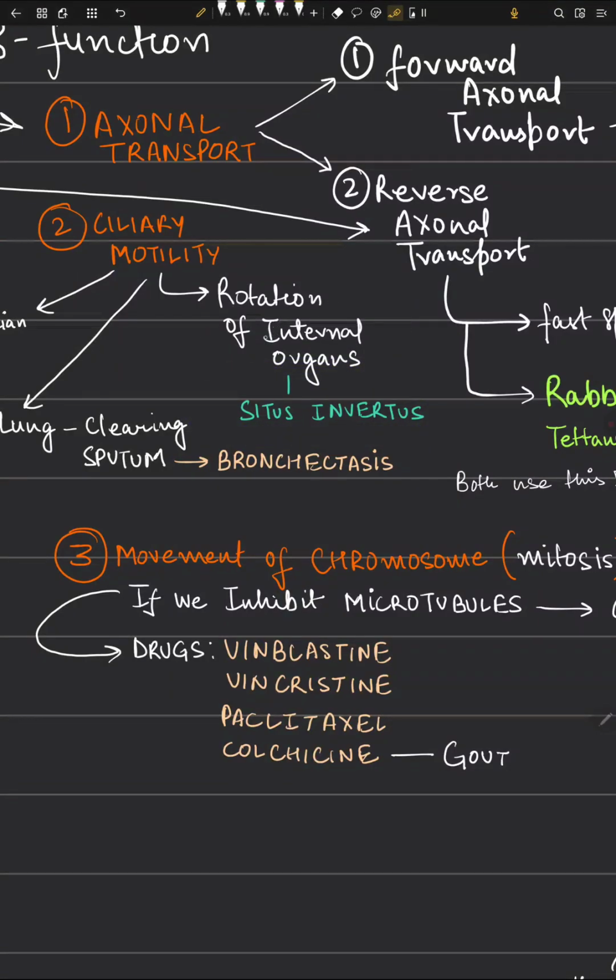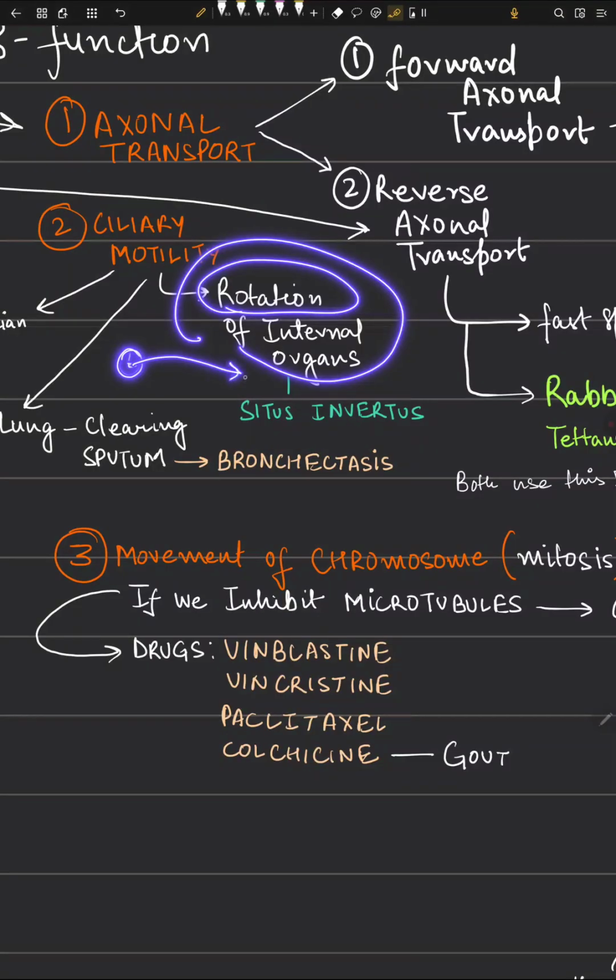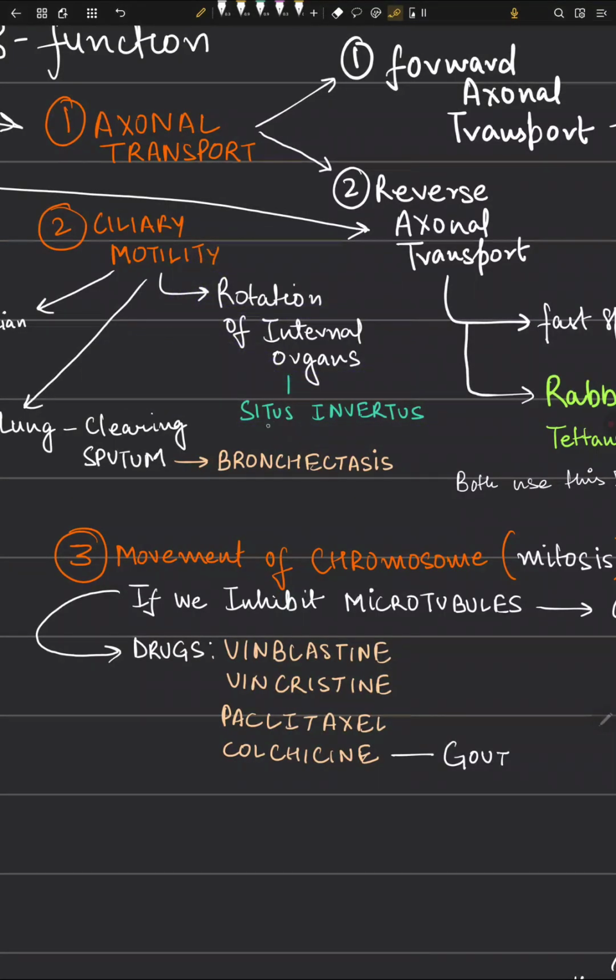During our embryological development, the rotation of your internal organs happens. The heart usually develops on the right side, but naturally it goes to the left one. If it does not happen like this, we call this situs inversus. We don't want that. We want normal.